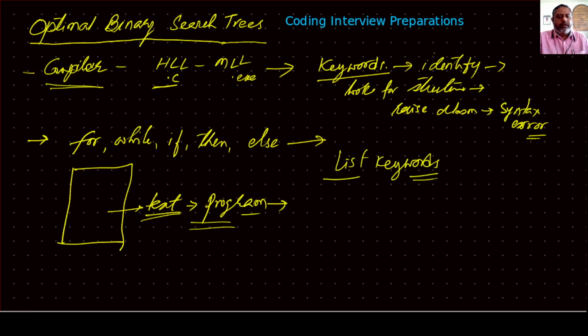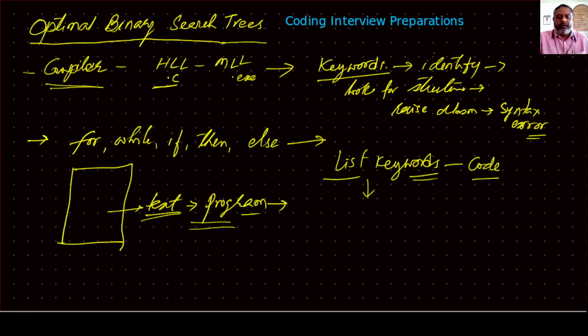Then every word is compared with this list, and if the word matches any of these, then declare that a keyword is found, and every keyword is given a code.